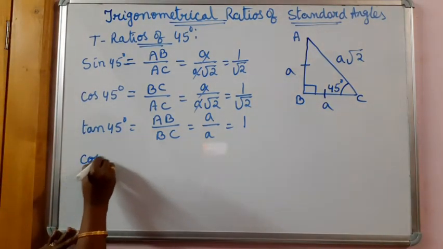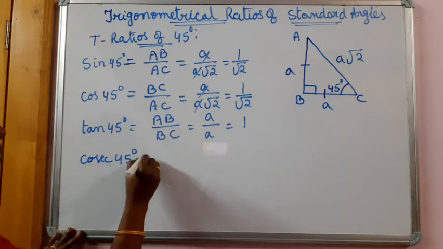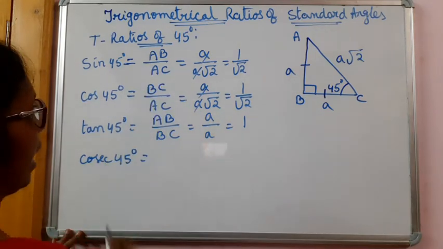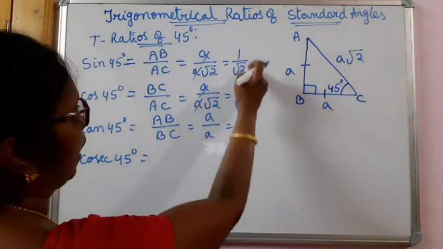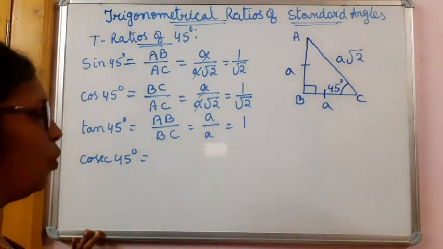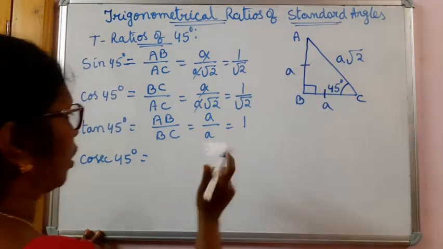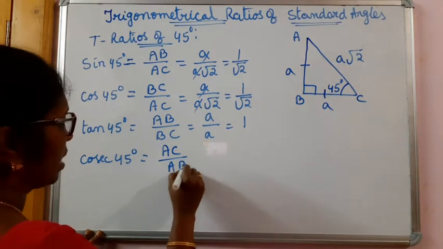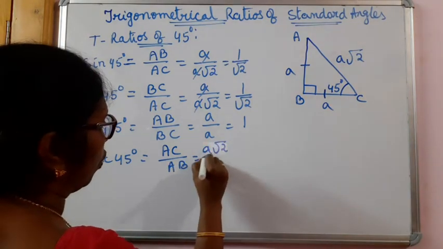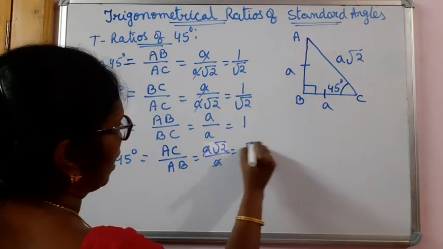Now let me find cosec 45 degree. We know that cosec and sin are reciprocal to each other. So cosec 45 will be root 2 by 1, or root 2. Or from the figure, if you want to find also, we can find hypotenuse by opposite side, that is A root 2 by A, you will get root 2.